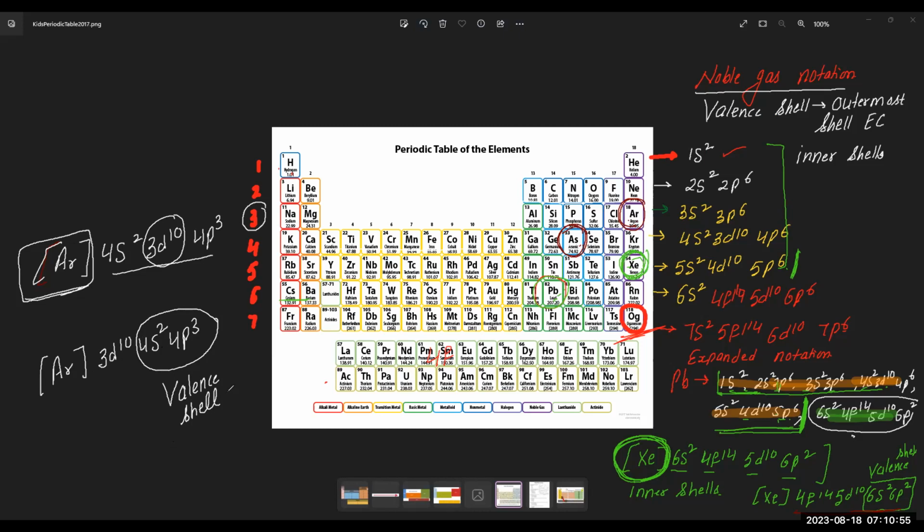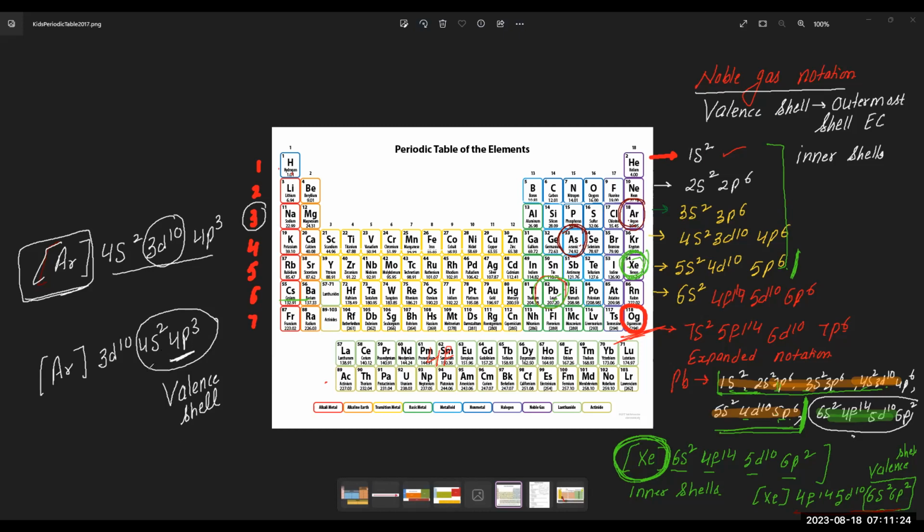How many electrons are here in the valence shell? Children, how many electrons in the valence shell? 5. These are the ones which are responsible for chemical reactivity. Is there any special thing about this electron configuration? Is it fully filled, exactly half filled, or partially filled? Just pay attention to p. It's exactly half filled.